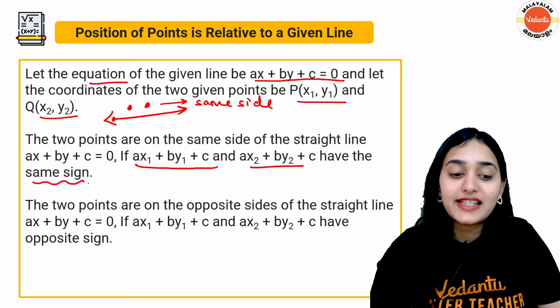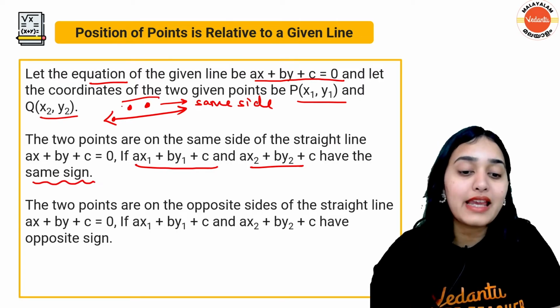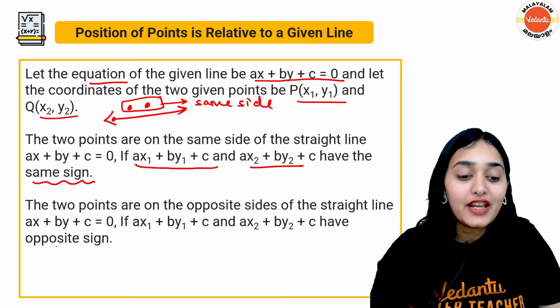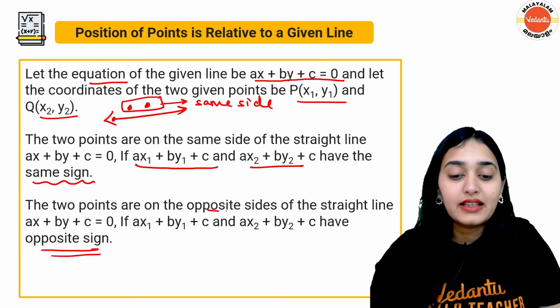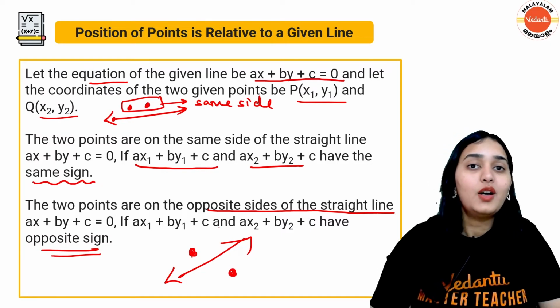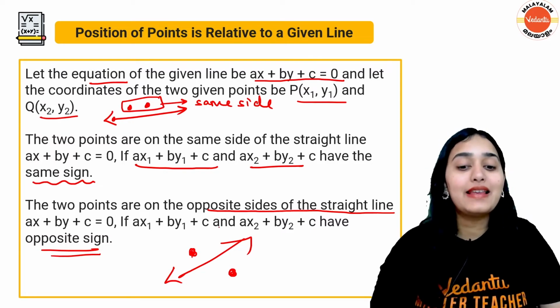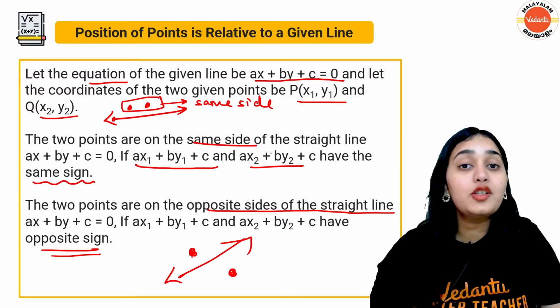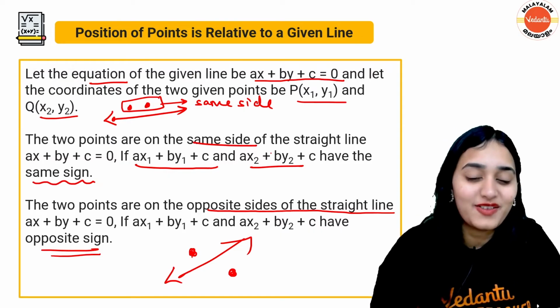If both have the same sign, then they are on the same side of the line. If both have opposite signs, they are on opposite sides of the straight line. So one point will be here, one point will be here. Same sign, same side; opposite sign, opposite sides of the line.